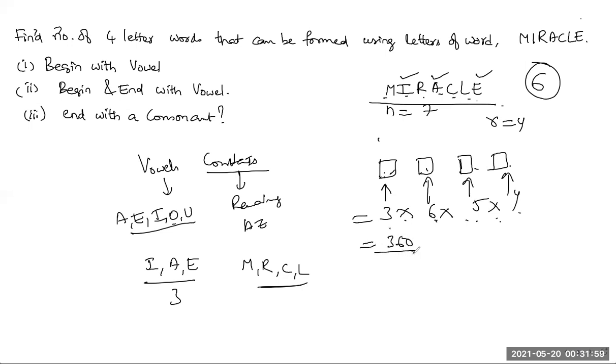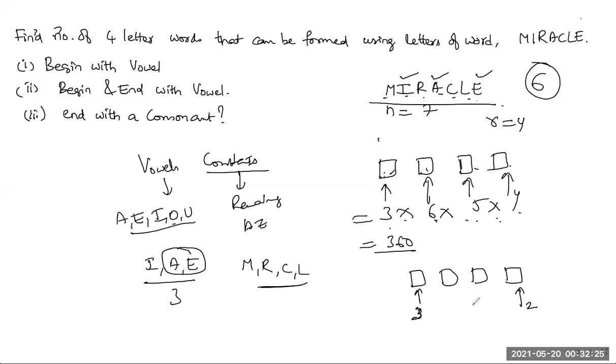Okay, similarly, the second one they're asking is that the word should begin with a vowel and end with a vowel. So we have 3 chances to fill the first one. One of these will already be filled, so we will be left with 2. So this last one has 2 options to fill.